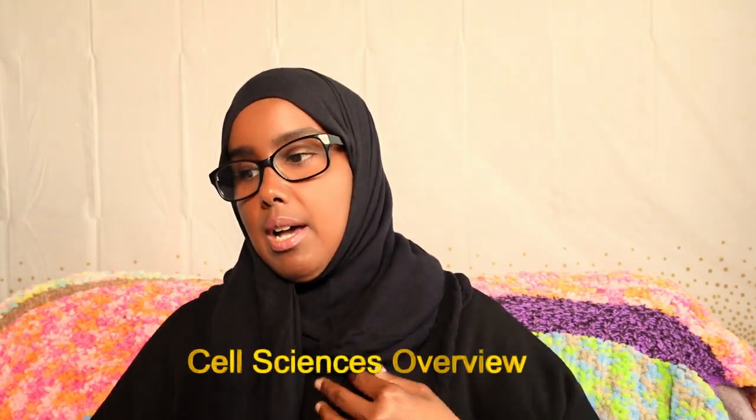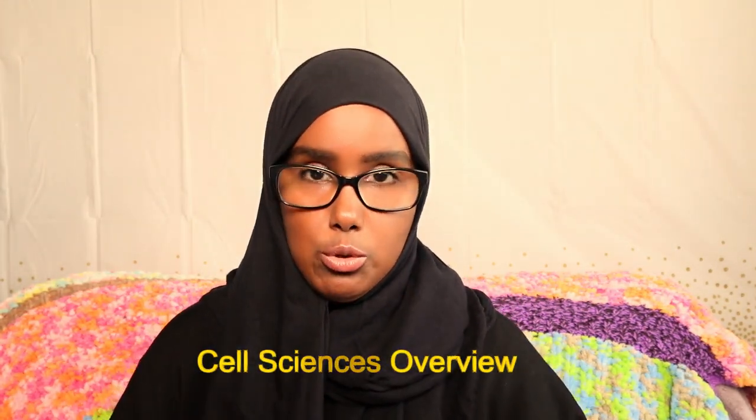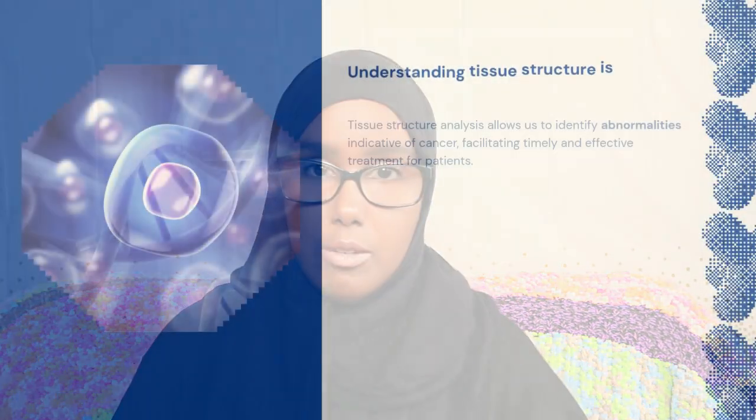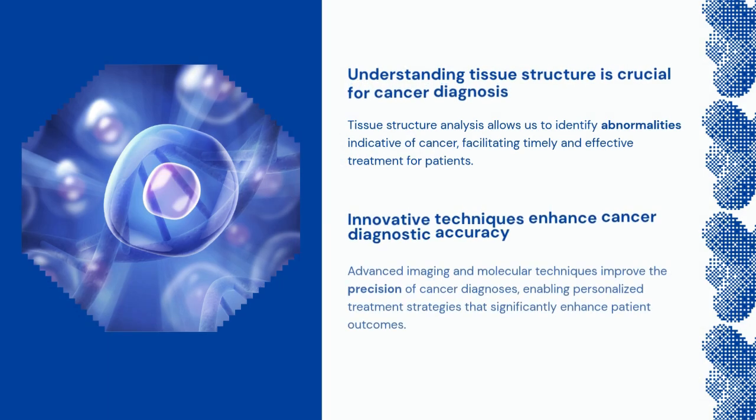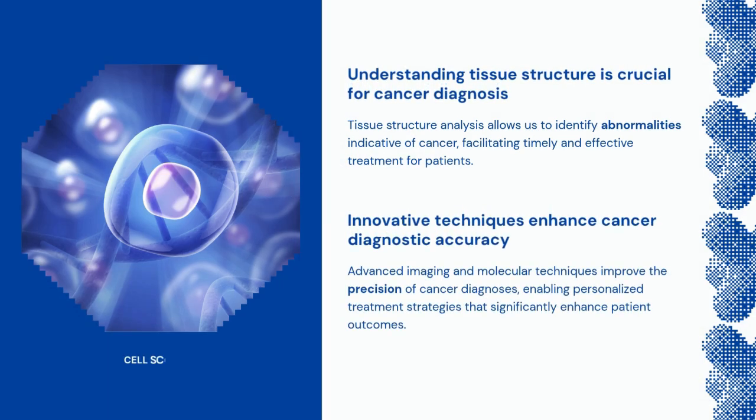Next is cell science overview. Understanding the tissue is crucial for cancer diagnosis. Tissue structure analysis will allow us to identify abnormalities that will indicate if cancer is present. This will allow timely and effective treatment for patients.